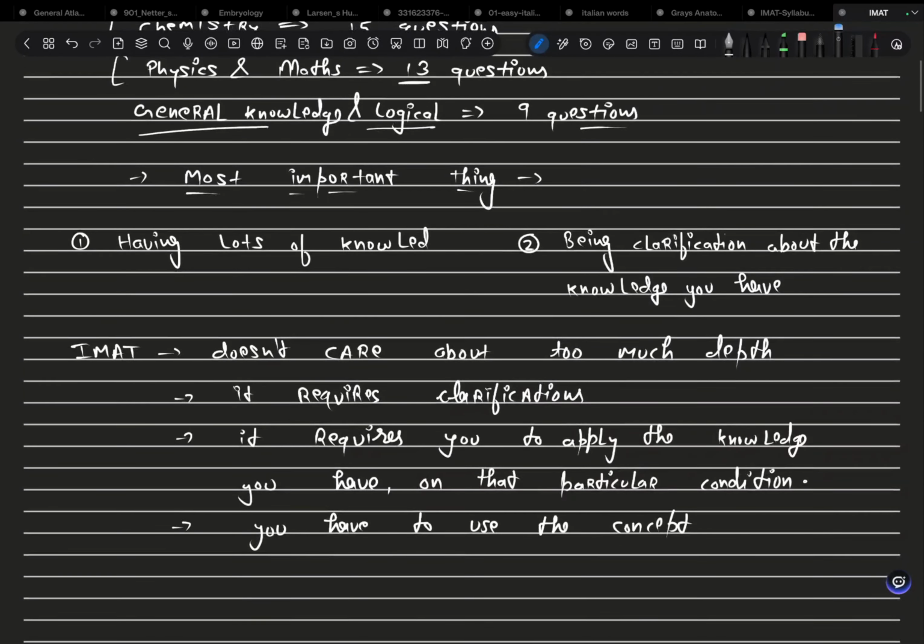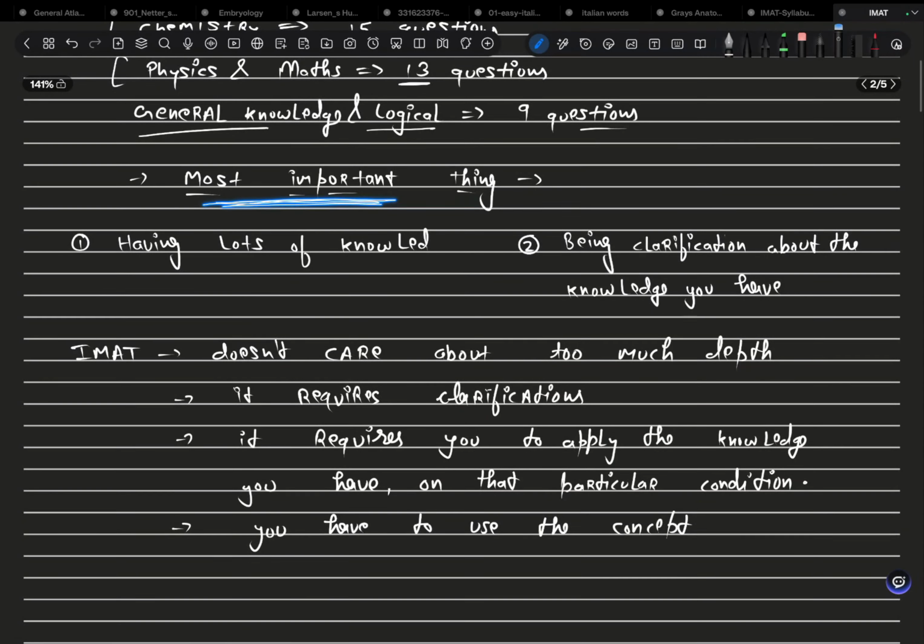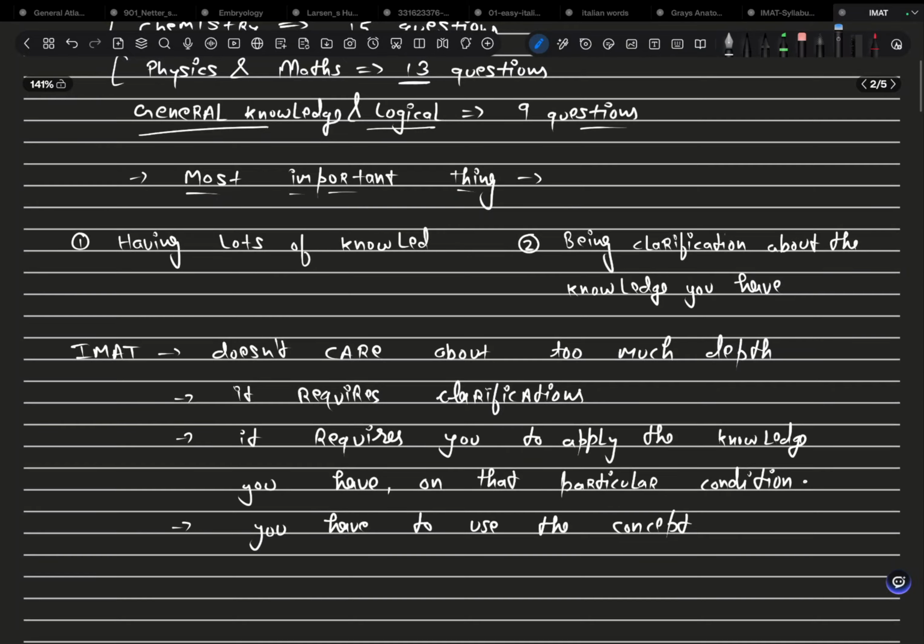There's one very important thing I want to tell you about the IMAT examination. In competitive exams, there are two different kinds. One requires vast plus deep knowledge about the topics you are going to face in the exam.